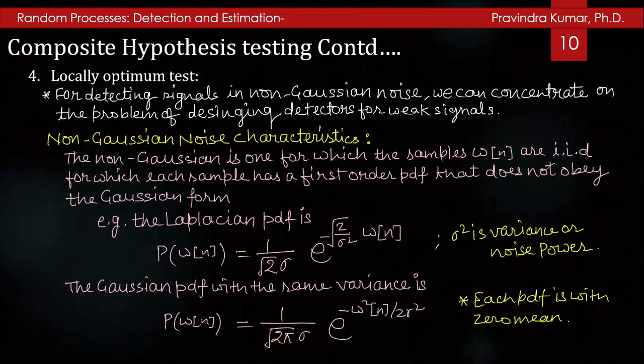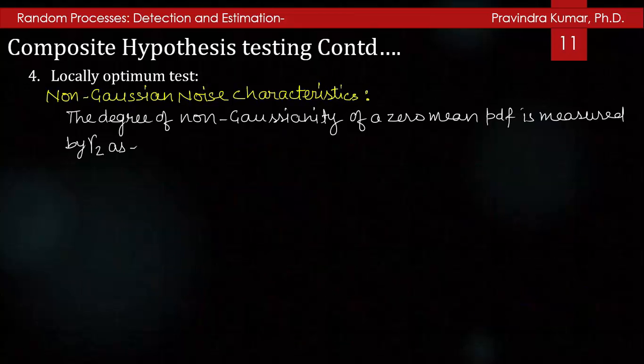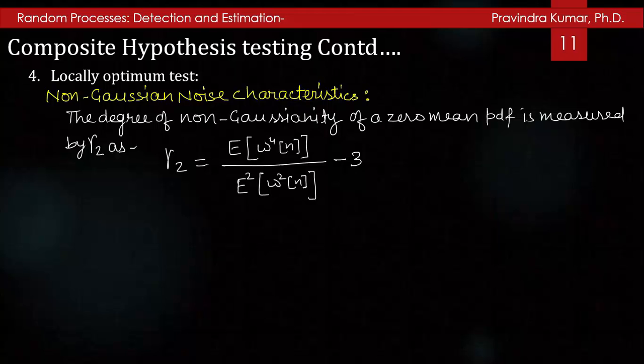And the degree of non-Gaussianity of the zero mean PDF is measured by gamma 2, which is defined as the expected value of w to the power 4[n] divided by the whole square of the expected value of w square[n], minus 3.